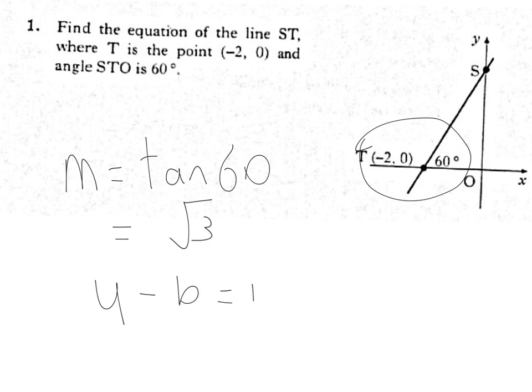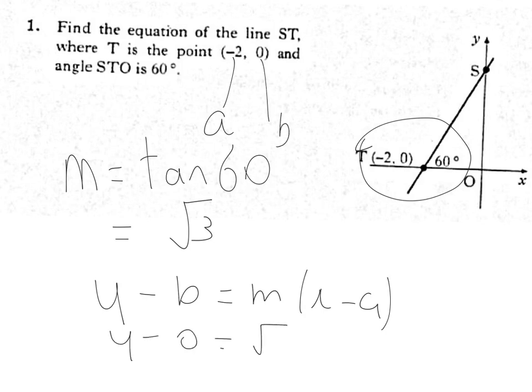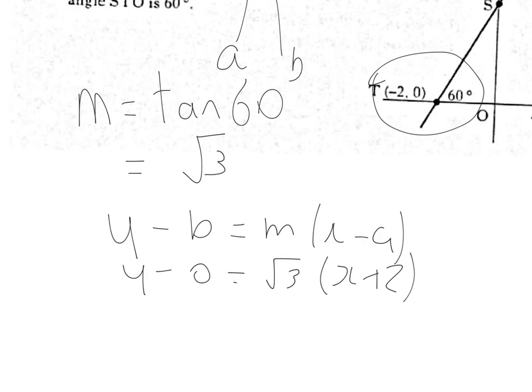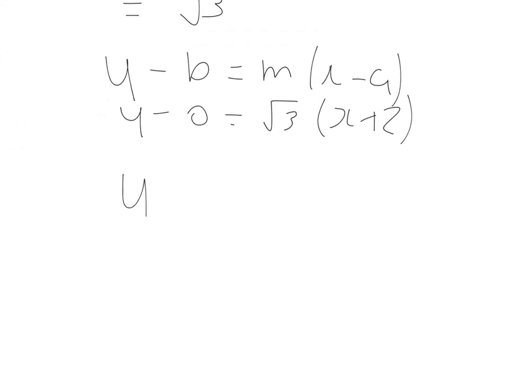So now y - b = m(x - a), and a is -2 and b is 0. So that's y - 0 = √3(x - -2), which is x + 2. So that's y = √3x + 2√3, and that is the final answer.